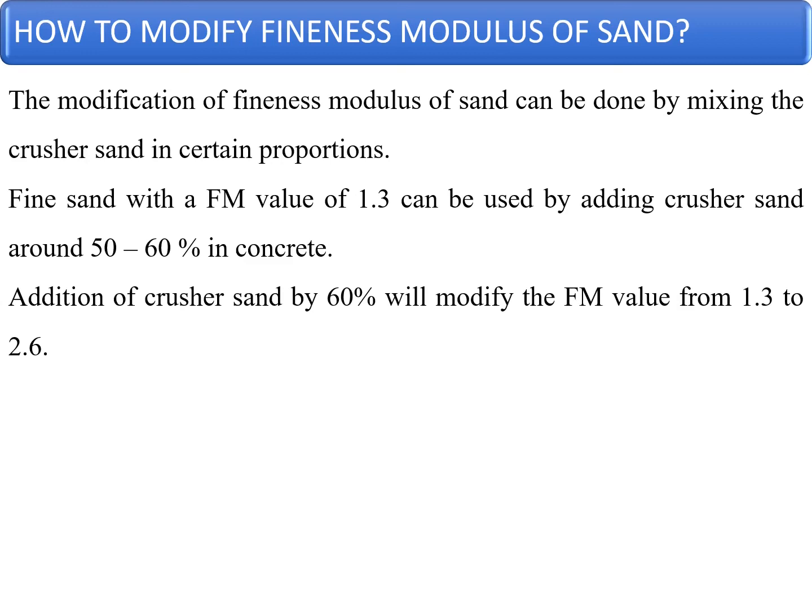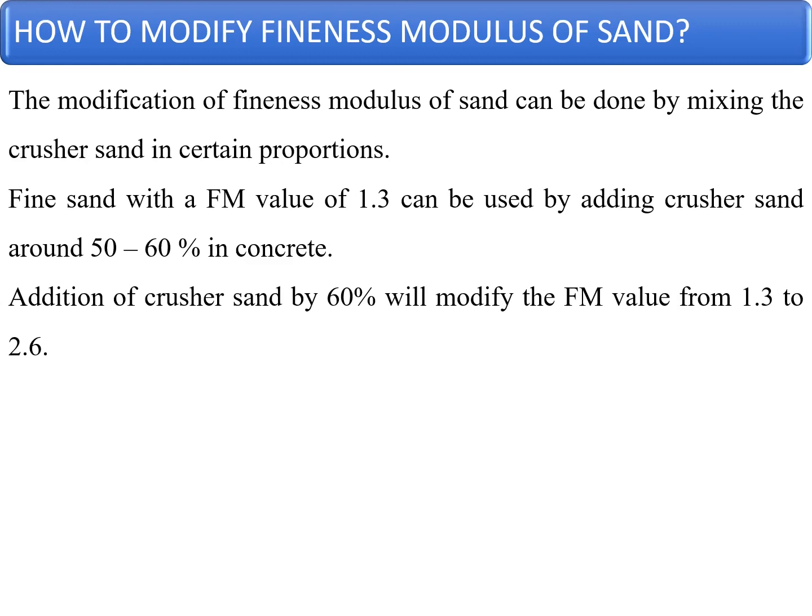That means when the available sand has an FM value which falls under the category of zone 4, or is a very fine material, then the best way is to modify the FM value of that naturally available sand by adding other coarser materials having a higher FM value.